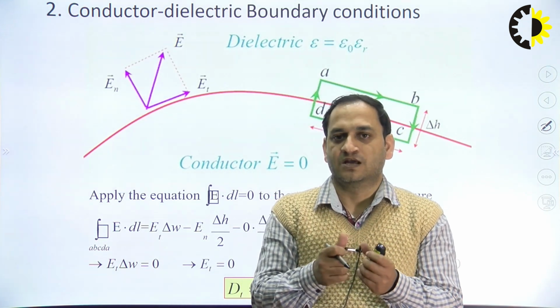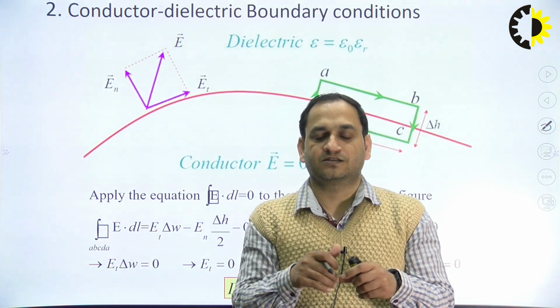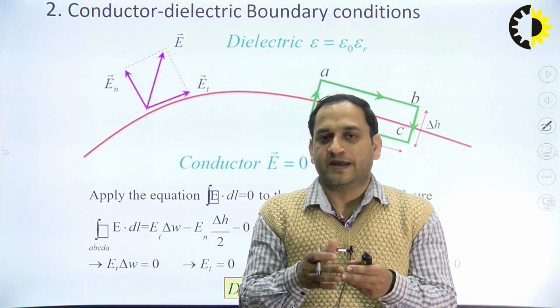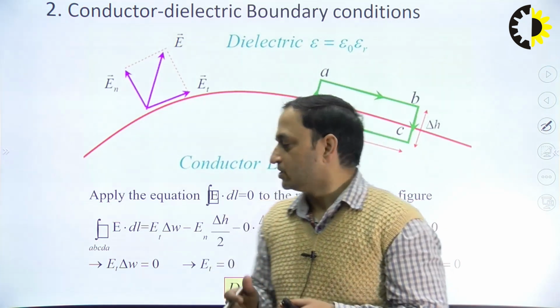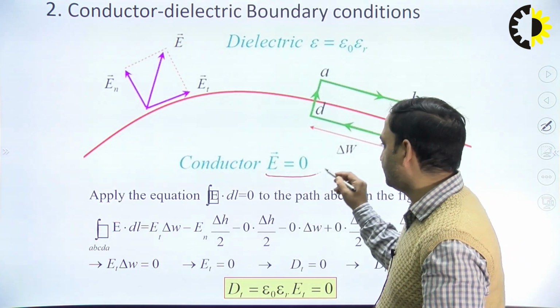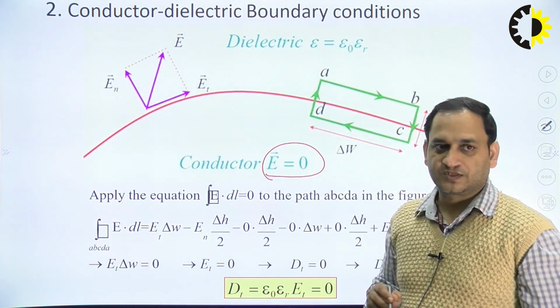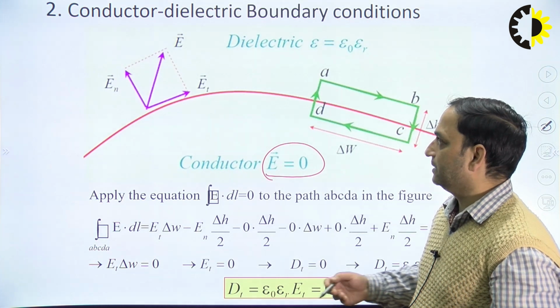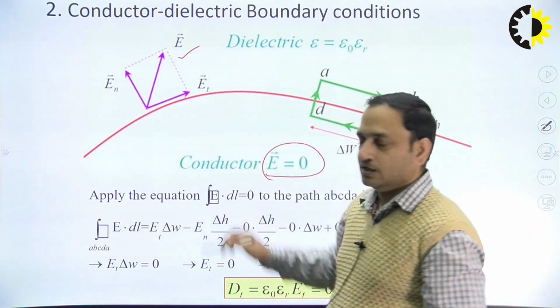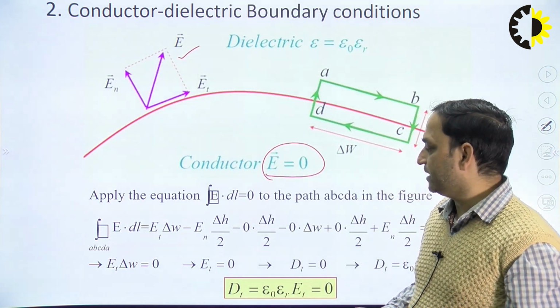When there is no charge density within the conductor, there is no potential, and then there is no electric field within the conductor. That is why the electric field here is 0. So the electric field is 0 in the conductor, and we have to find the electric field in the dielectric. The same procedure we have to apply here.